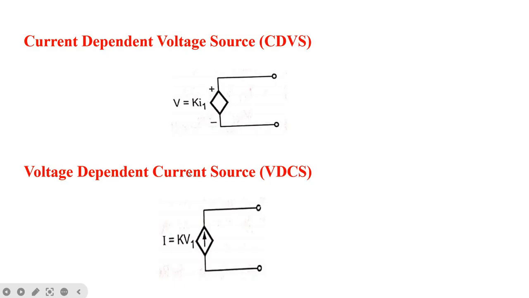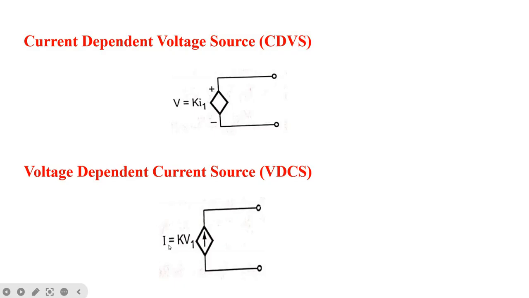Then the second is the voltage dependent current source. Here you can see the symbol is diamond shaped. This is the voltage polarity, plus and minus, so this is the voltage side, and here you can see an arrow mark, which is the current source. It is a voltage dependent current source.